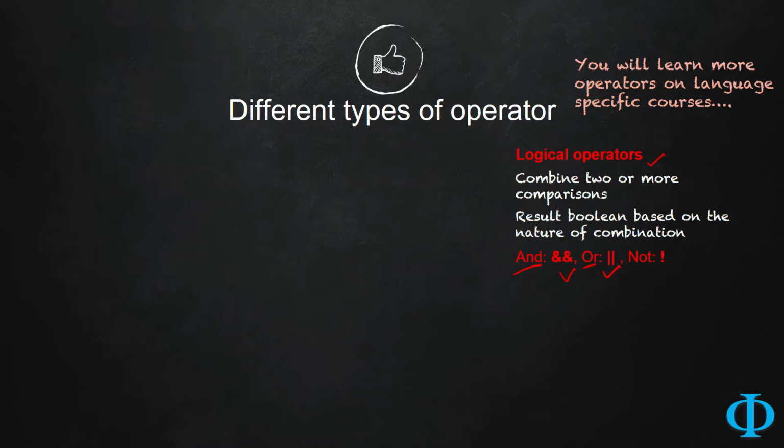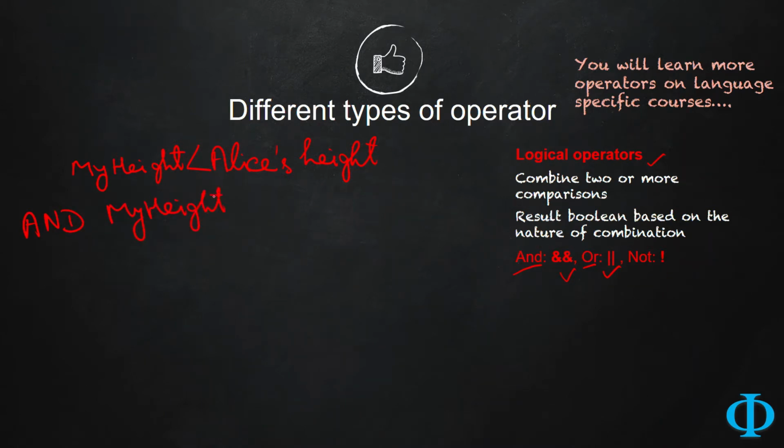Let's write it this way: my height is less than Alice's height and my height is greater than Bob's height.